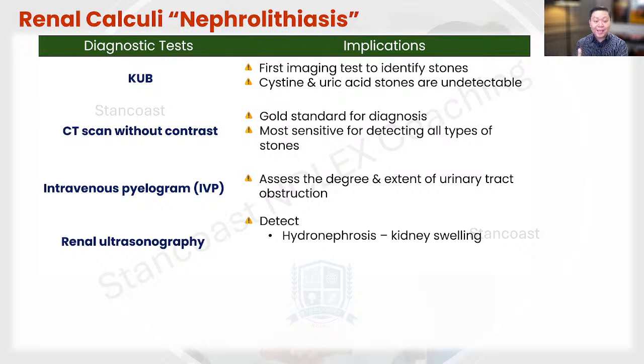So it's swelling because of the trapping of the collected fluid. Instead of going down into the lower urinary tract, because there is an obstructing stone in the ureter, the urine that is formed by the glomerulus or the nephrons will be backing up, and so it will drown the kidney tissues, and again it will cause the swelling of the kidney.